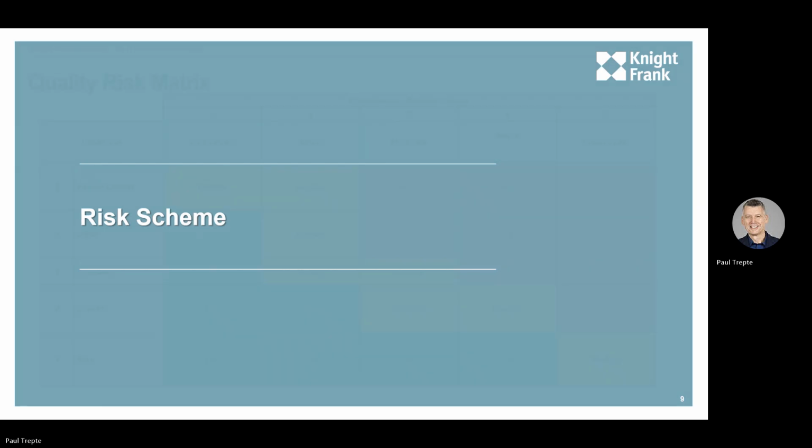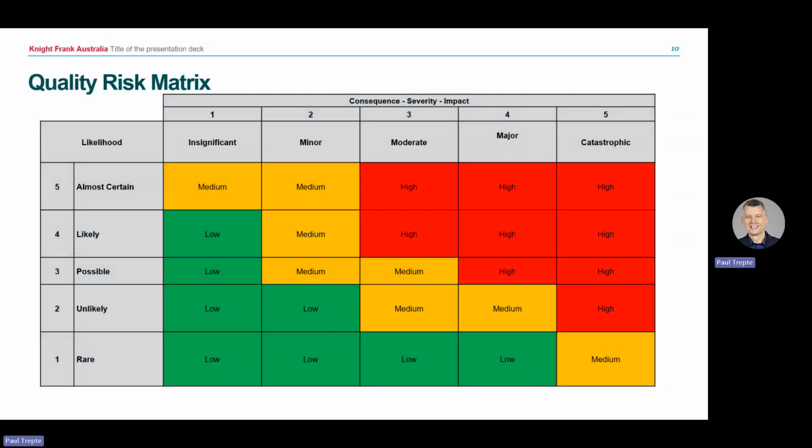Our quality risk matrix is a traditional 5x5 and it's replicated within the Resolve application. So we simply identify the rating for consequence and how likely the event will happen, and then pick the corresponding risk level on the matrix.